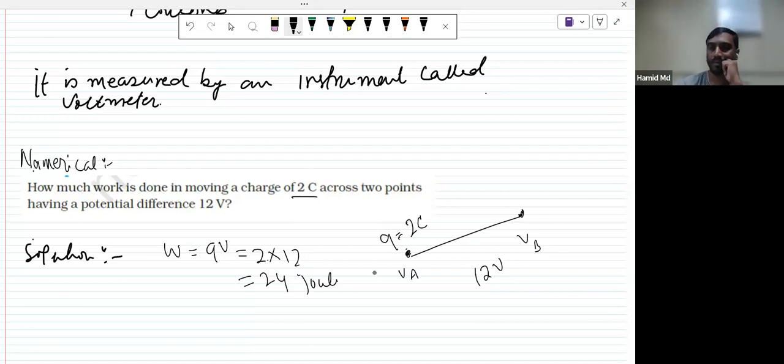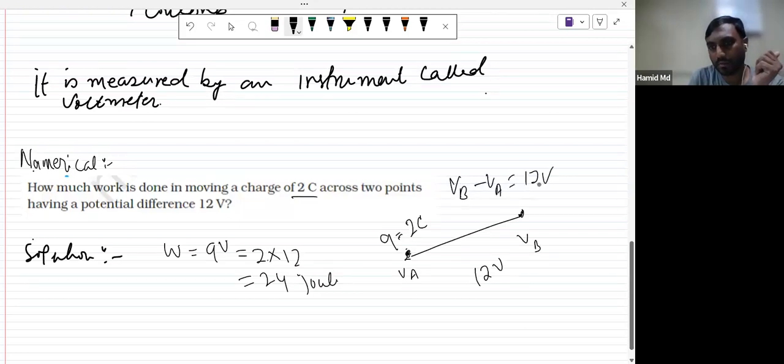Here it is from VA to VB. We may say that VB minus VA is 12 volt. This is the potential difference, right? Got the point?